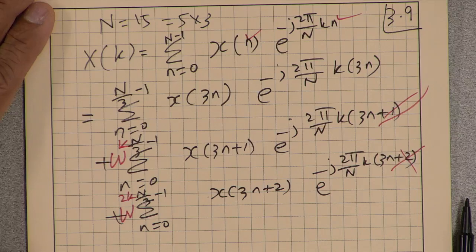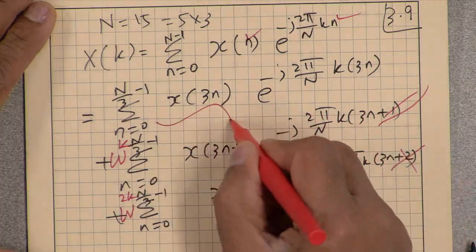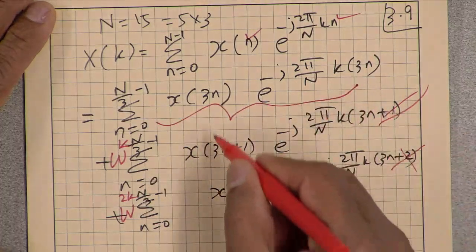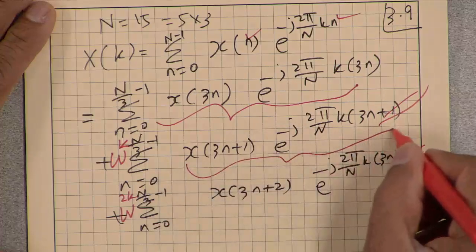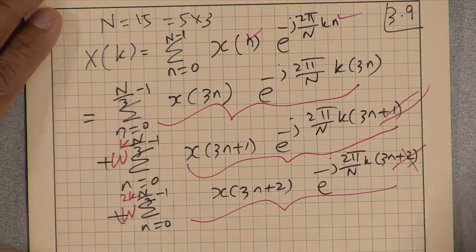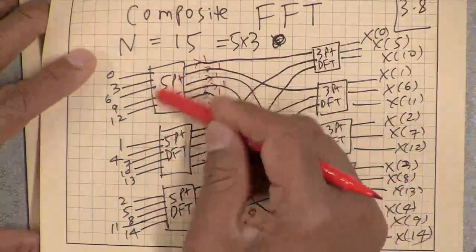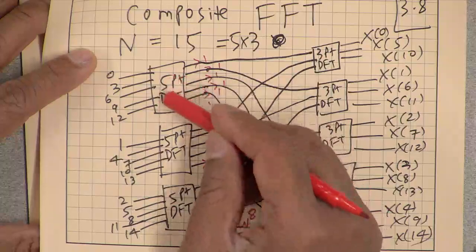Okay. So now you will quickly recognize that this thing is the DFT of x3n, the DFT of x3n plus 1, x3n plus 2, and that's really what we see here. These are the DFTs of the x3n.